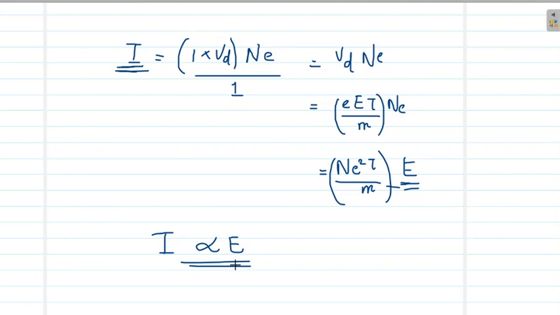So we know what Ohm's law is. We define Ohm's law as V equal to IR. Or this equation can also be defined as I equal to sigma E. So this is another representation of Ohm's law based on electric field, the electrical conductivity sigma and current.